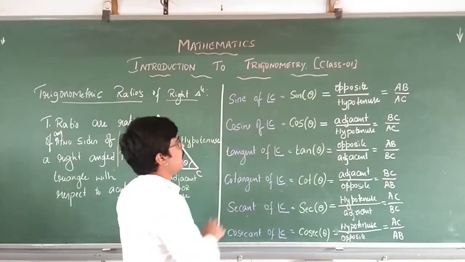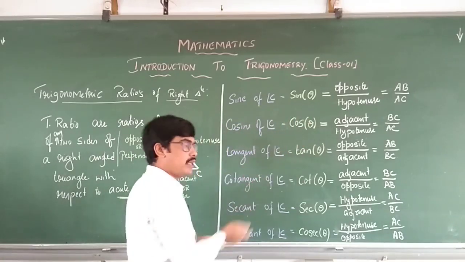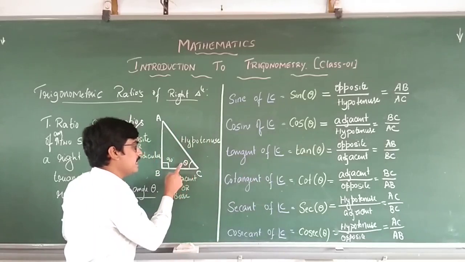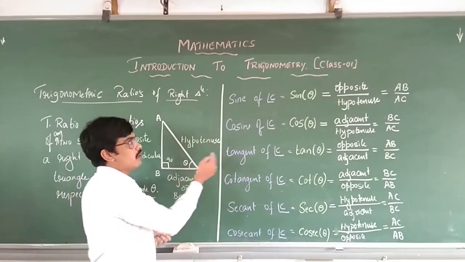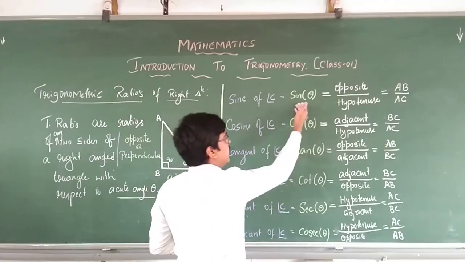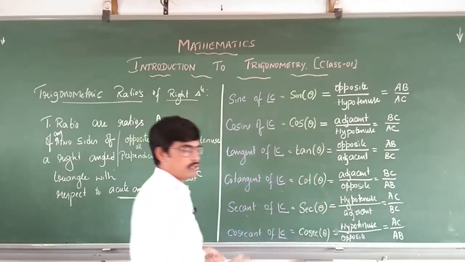They are denoted by sin theta, cos theta, or sin C, cos C can also be used, but I denoted the acute angle C by the letter theta. So I am using thetas here: sin theta, cos theta, tan theta, cot theta, secant theta and cosecant theta.